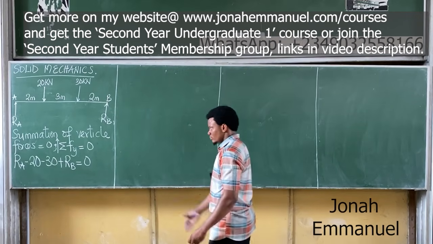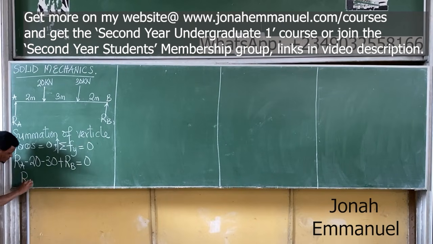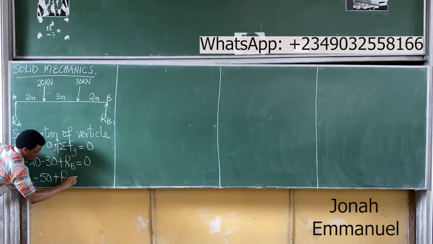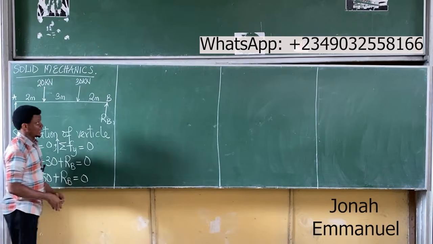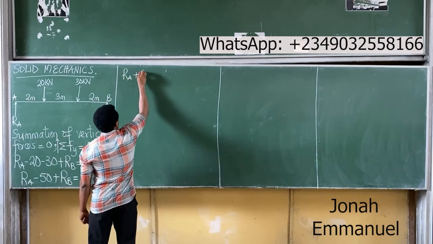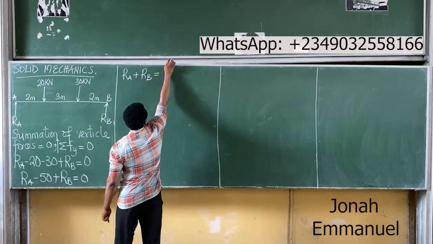All right. Let's take it like terms. This becomes RA minus 20 minus 30, which gives you minus 50, plus RB equal to 0. Obviously, move this over here. That gives you RA plus RB equals plus 50.